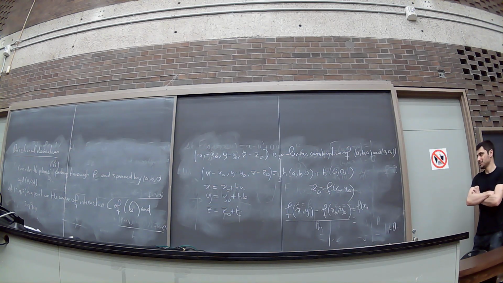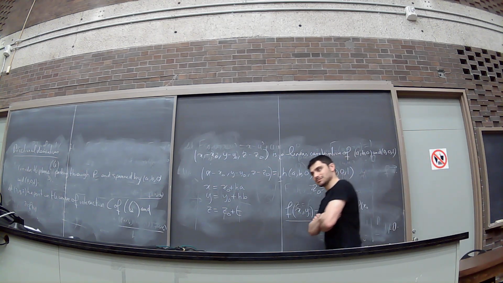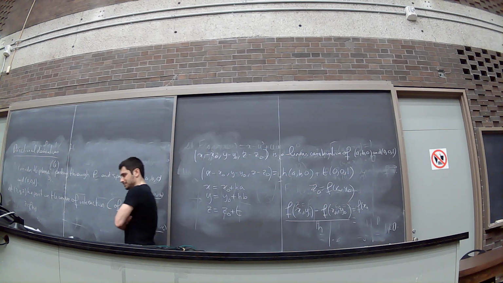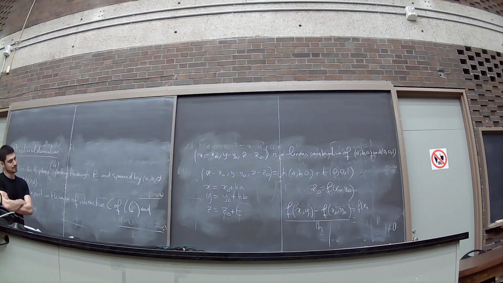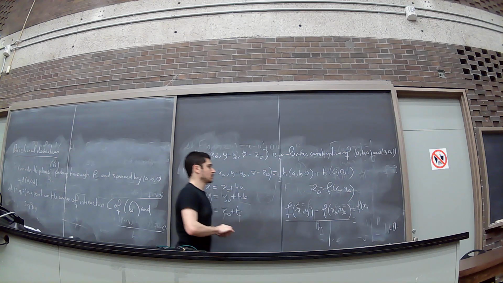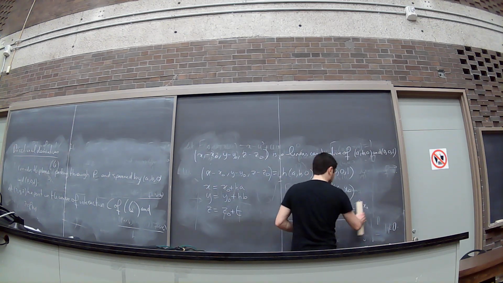We see that? This is the rate of change, delta f over h. So what do we call this?